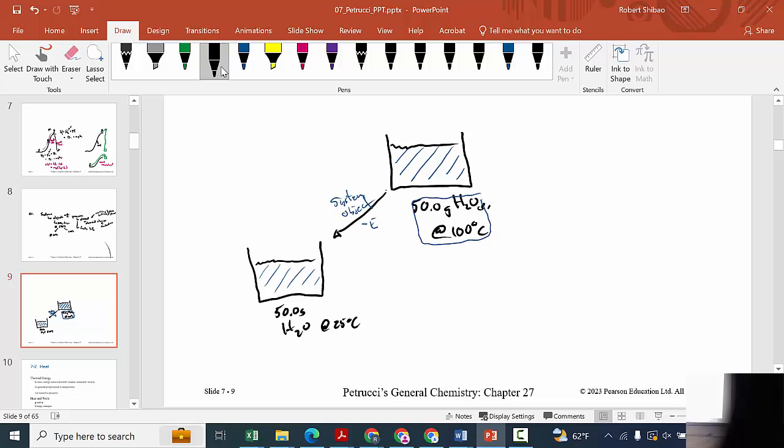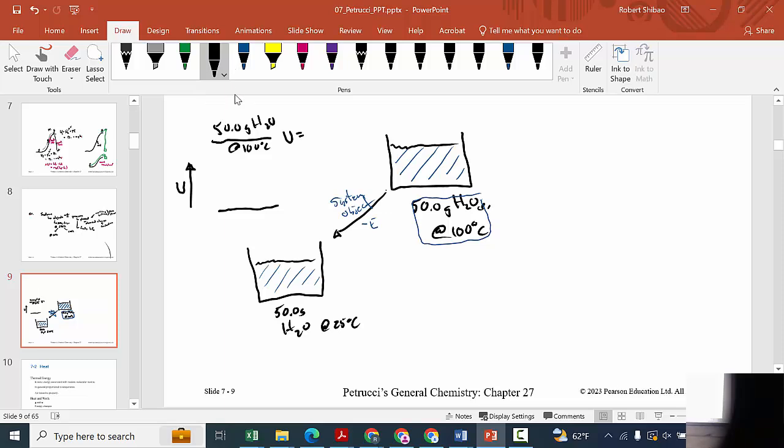And so the way we look at this is like this. I'm going to have what we call an energy level diagram, in which I'm going to put the energy here, the total energy, U, which we call the internal energy. And then up here, I'm going to put 50.0 grams of H2O at 100 degrees C. And then U is equal to what?